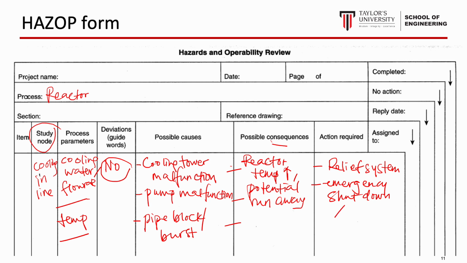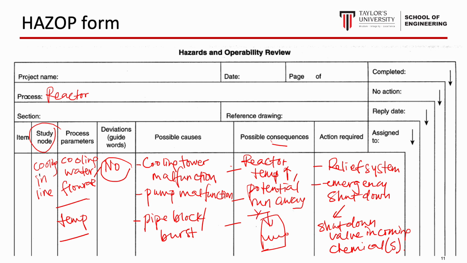So perhaps you may want to look at a shutdown valve for incoming chemicals, so that whatever reactions you have are contained in your reactor. You have this chemical in here, so you do not want anything coming in here, so that whatever is here gets to react. You want it to have complete reaction, etc. So these are the things that we can do as a simple HAZOP analysis.